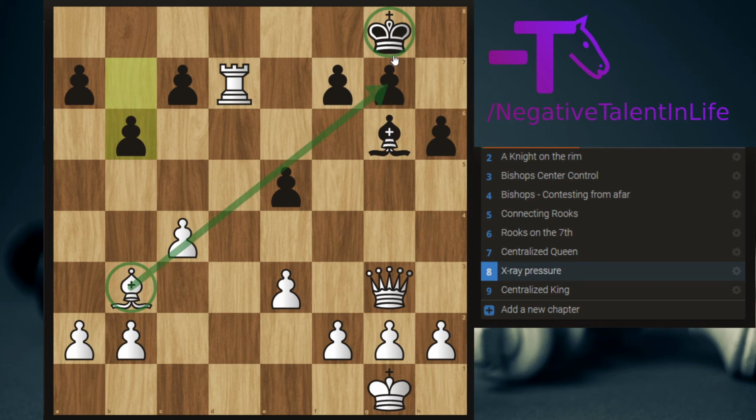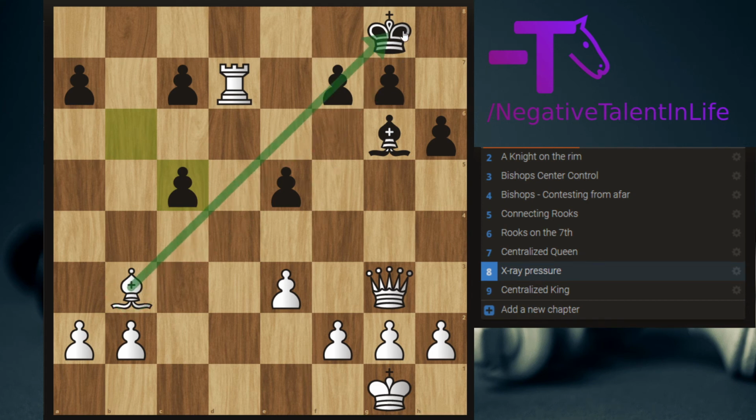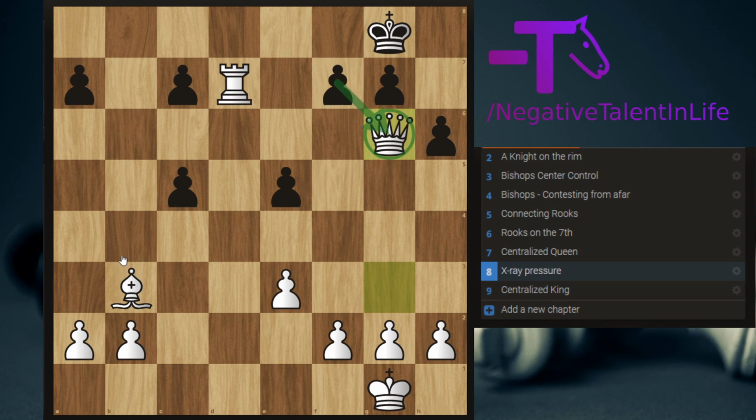Okay, there's probably going to be a tactic, or not always is there a tactic, but this is a good place to look for tactics, right? So we push the pawn forward. Black is totally oblivious. And we have a really nice tactic here where we have pinned this pawn. Queen takes bishop, right? This pawn cannot take because it would be check.